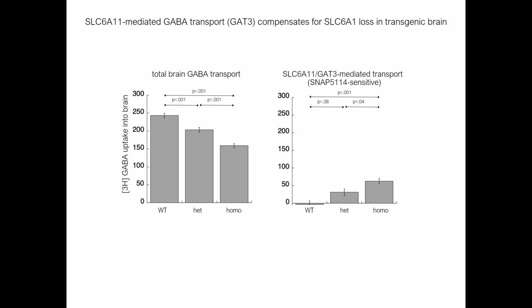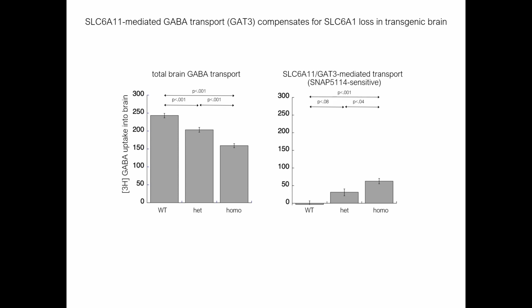In wild type brain tissue, there's very little effect of blocking SLC6A11. But in the heterozygous and homozygous mutant SLC6A1 mice, there is an effect of this GAT3 blocker, which means that SLC6A11, or GAT3, is providing partial compensation for the loss of SLC6A1 in the disease.